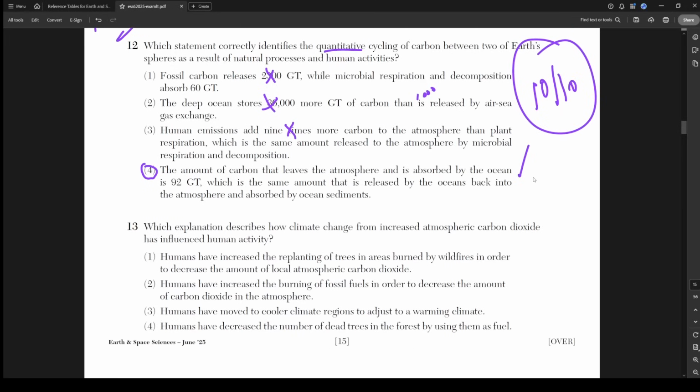Oh my God, there's more to this question. Which explanation describes how climate change from increased atmospheric carbon dioxide has influenced human activity? So increased CO2 has influenced human activity. Humans have increased the planting of trees in areas burned by wildfires in order to decrease the amount of carbon dioxide.